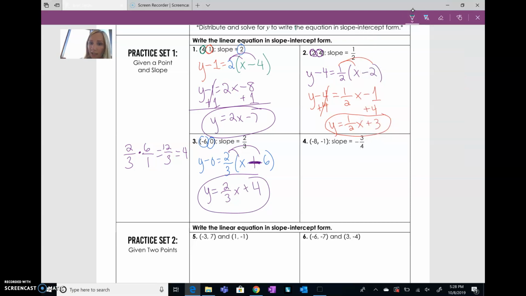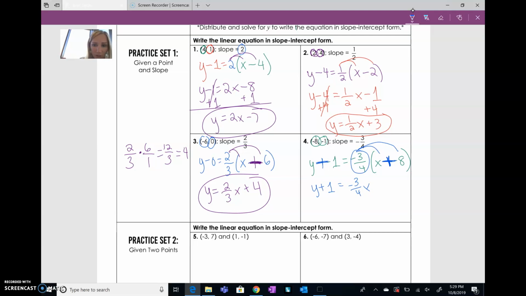Cool. And then the last one, we do y minus your y value, which is negative 1, equals the slope times x minus negative 8. Okay, cool. Gotta do some simplifying. So this would become plus negative 3/4 times x is negative 3/4 x, and negative 3/4 times, this is actually a positive 8.